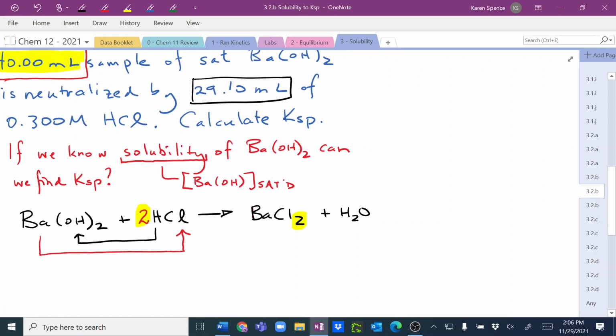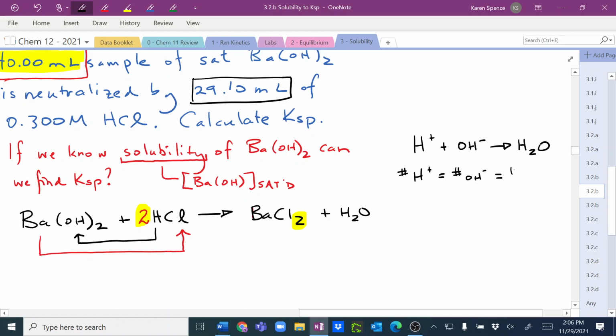And if you have any trouble balancing the rest of it, just remember that hydrogen reacts with hydroxide like this, which means that the number of hydrogen is going to equal the number of hydroxide, which is going to equal the number of water, because these are all 1 to 1 to 1.